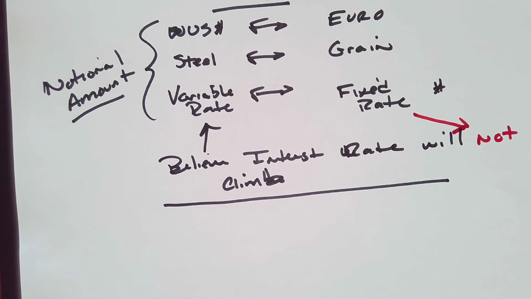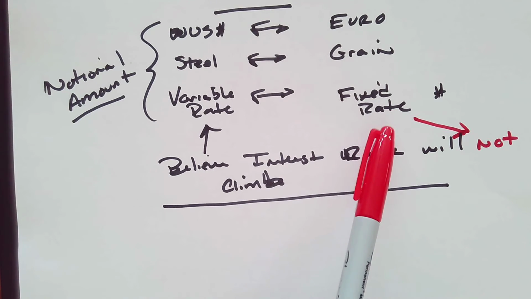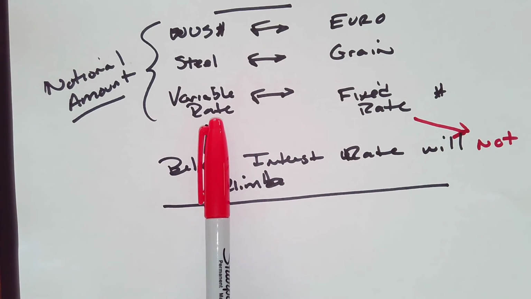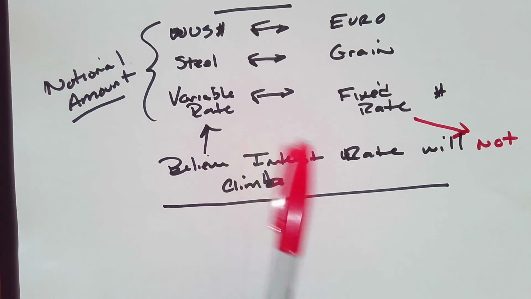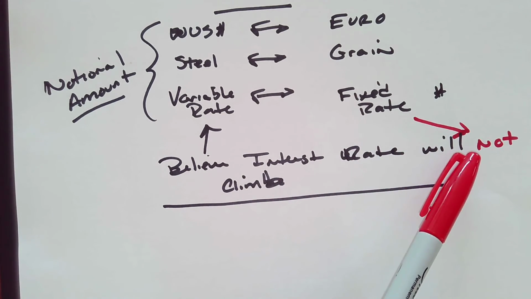And so you get these two counterparties together, and they can come to an agreement where this one's betting that they're not going to go up, and in fact, they're going to go down, and this one believes that they will go up.